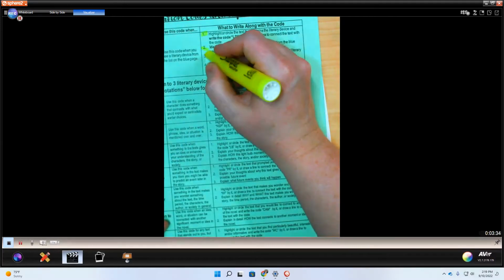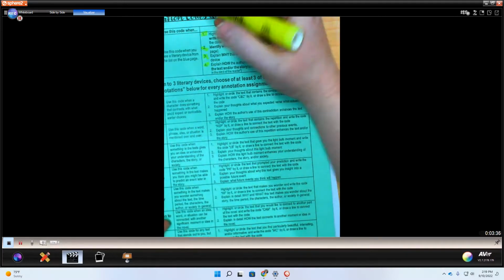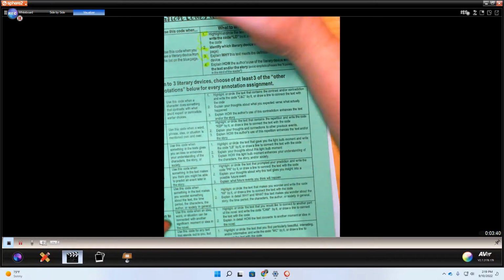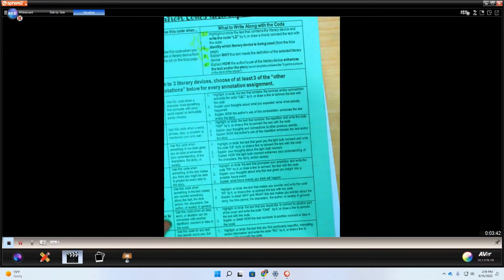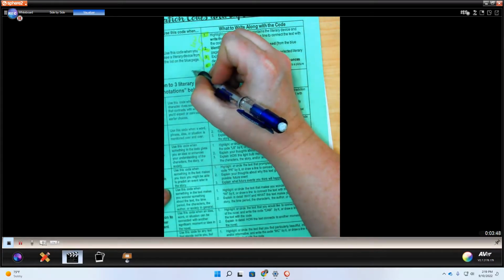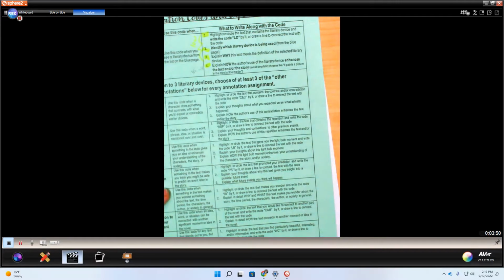And then finally, these first 3 are kind of like junior high school type stuff. They're the low level thinking. But this fourth one is where the higher level thinking, the high school thinking comes in, right? The 4th one is asking us to explain how the author's use of that literary device enhances the text.